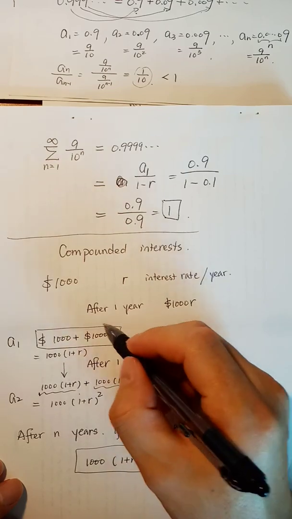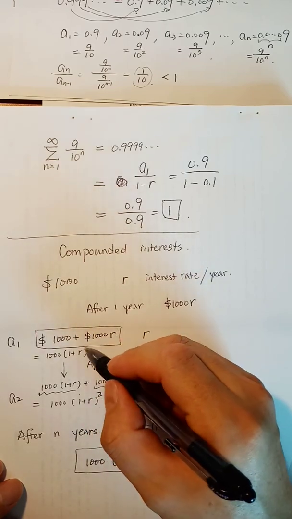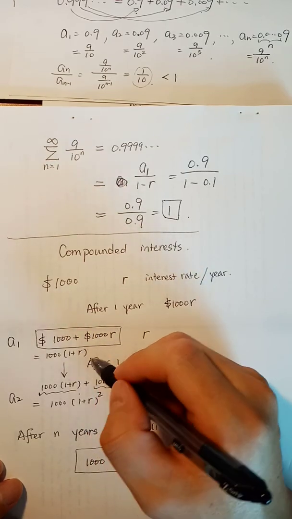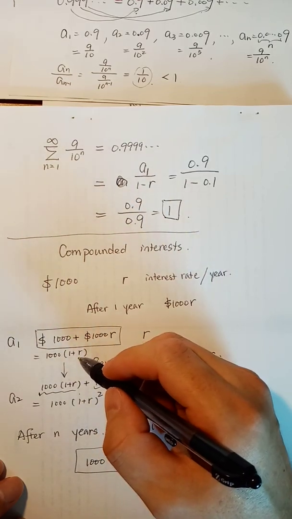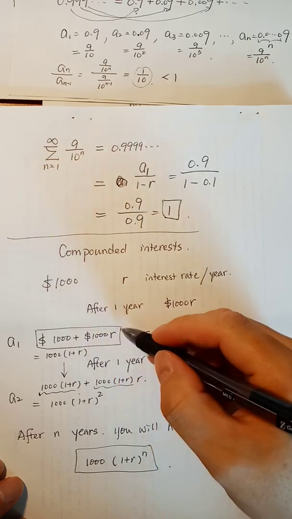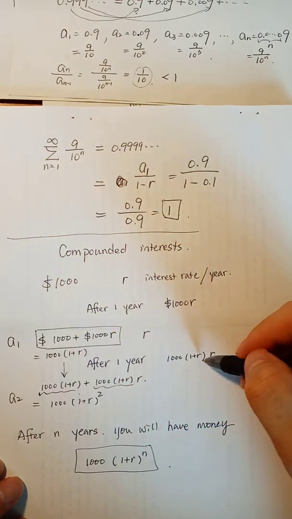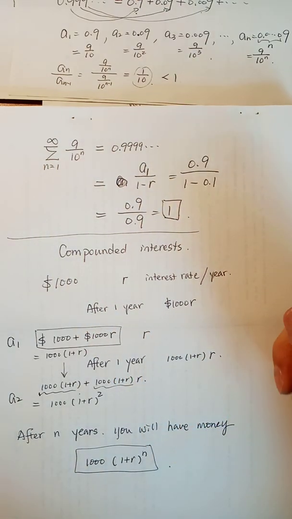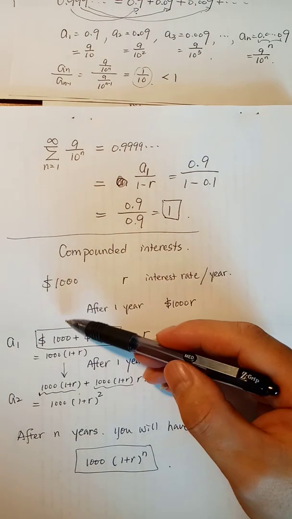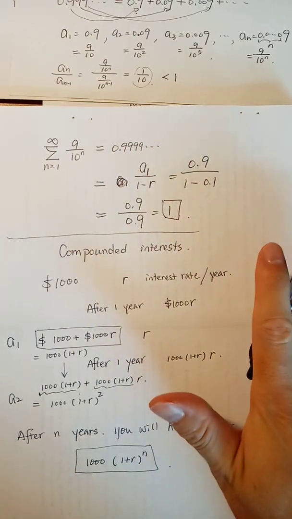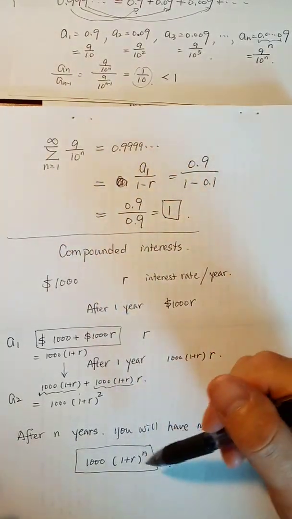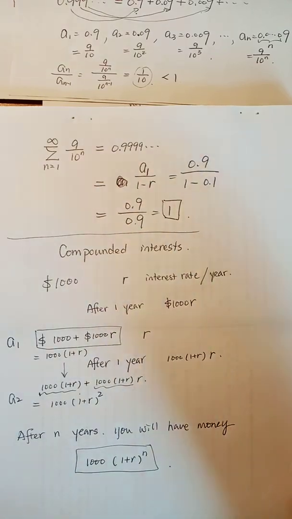Compounded interest means the interest earned from the previous year is put into the principal, and then it will be considered when you calculate the interest. It's not like $1,000 is always the principal with the interest saved separately. No.